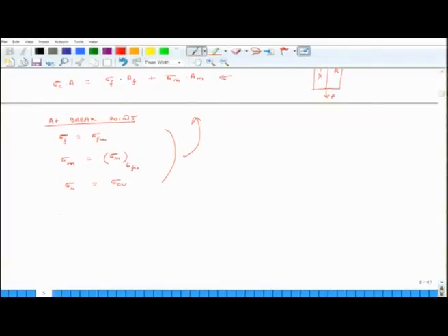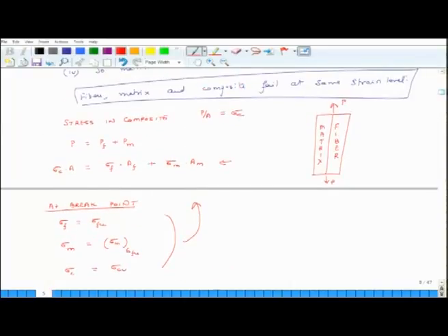So, I get sigma Cu times A is equal to sigma Fu times AF plus sigma M evaluated at breaking strain of the fiber times AM. And if I divide this entire thing by A, what is A? A is the cross sectional area of the composite.